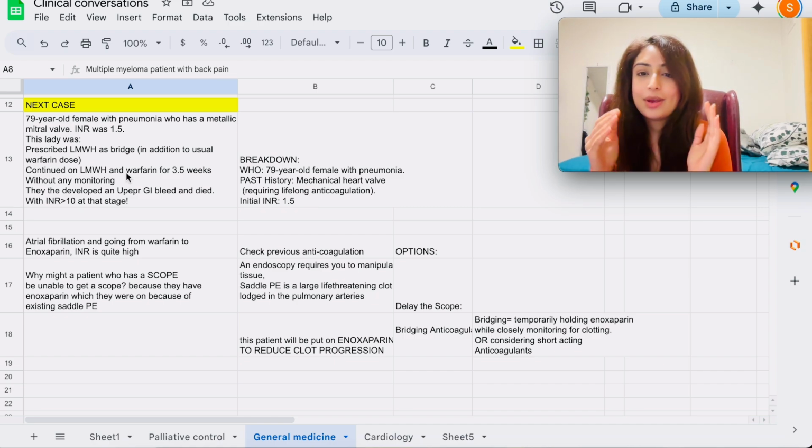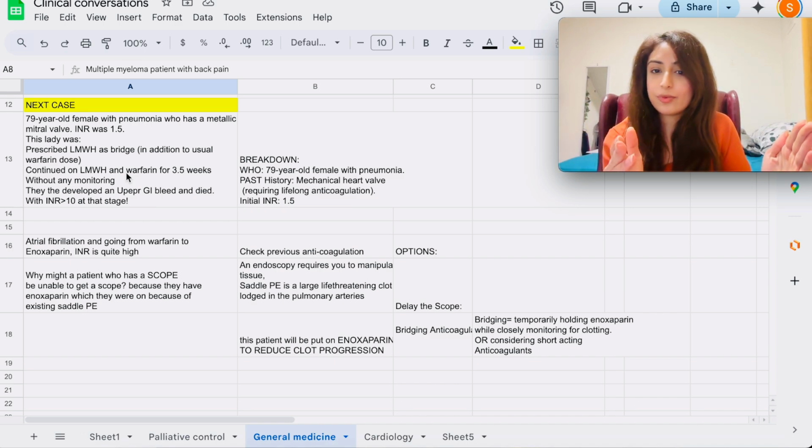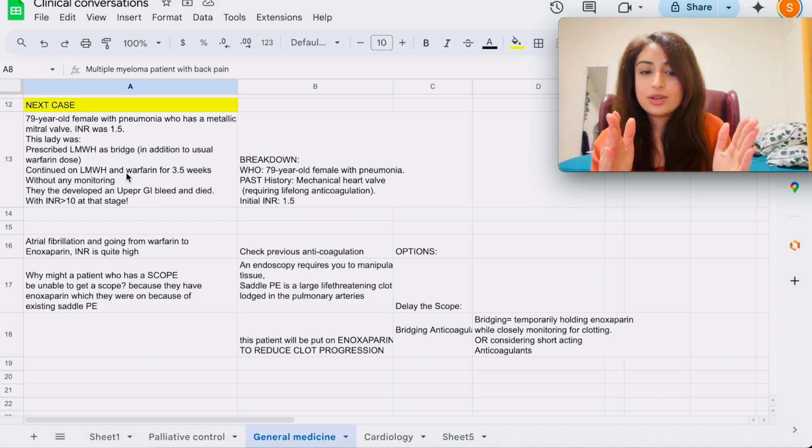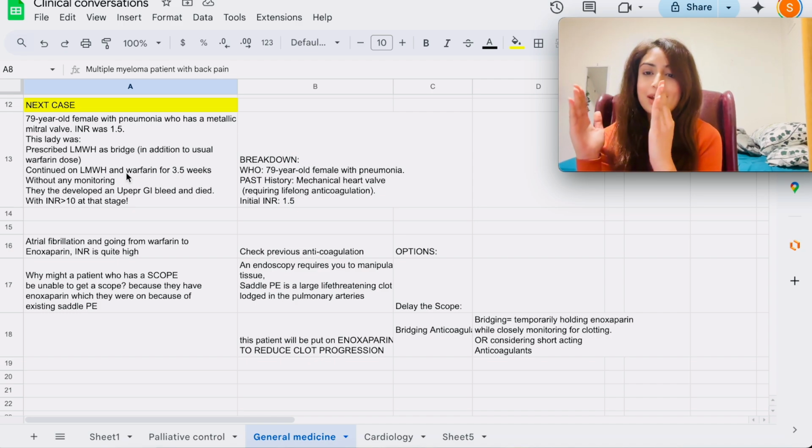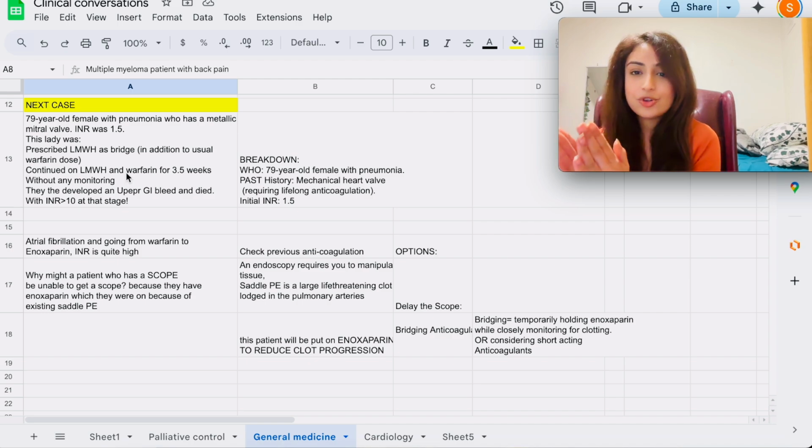So we do something called bridging, which is taking a long-acting medication like warfarin and tapering that down, and then once you know that its half-life has gone down, you give enoxaparin, which has a shorter half-life. So you bridge with another drug which has a shorter half-life.